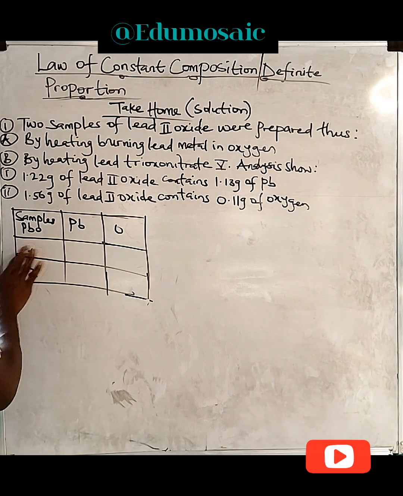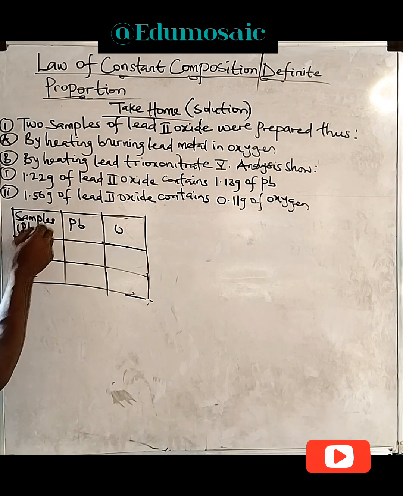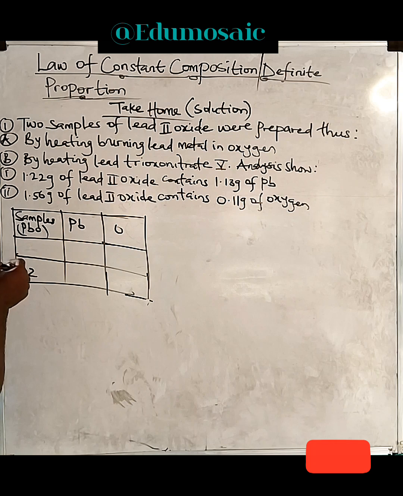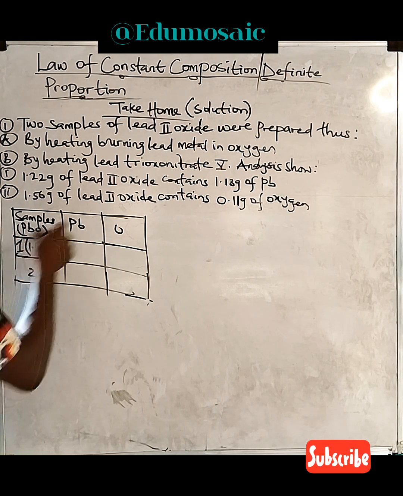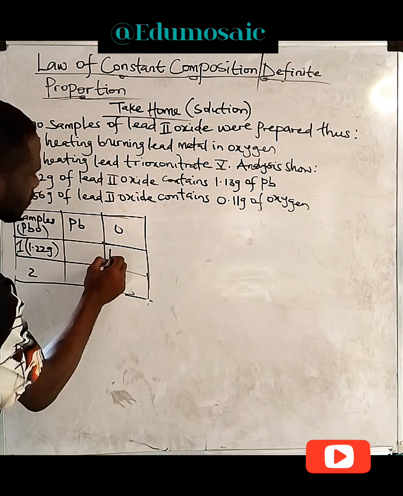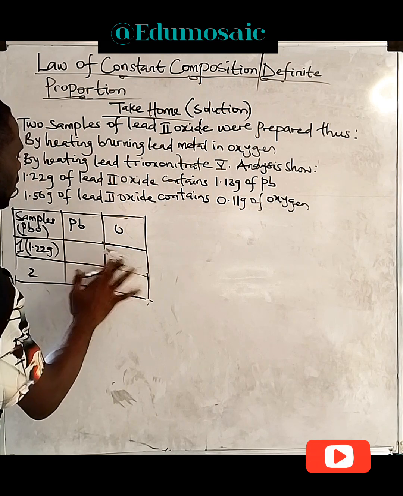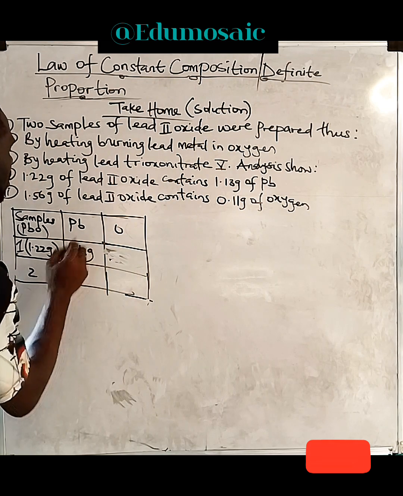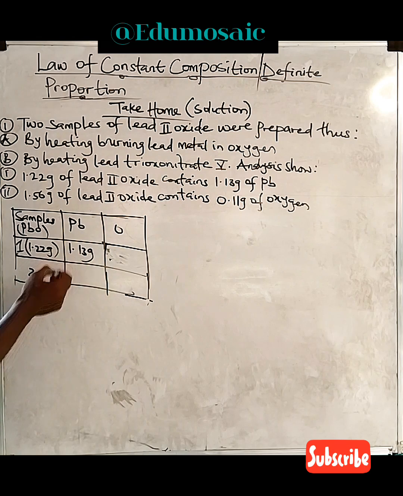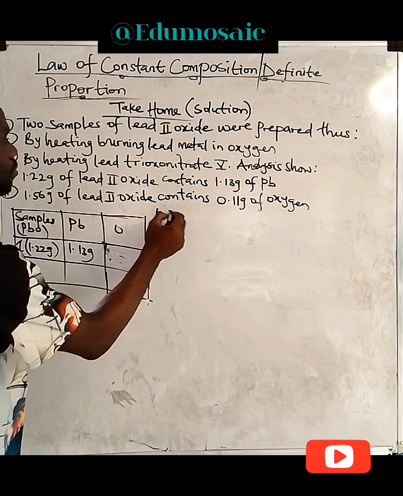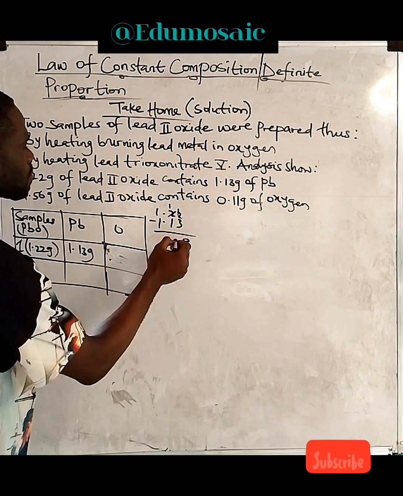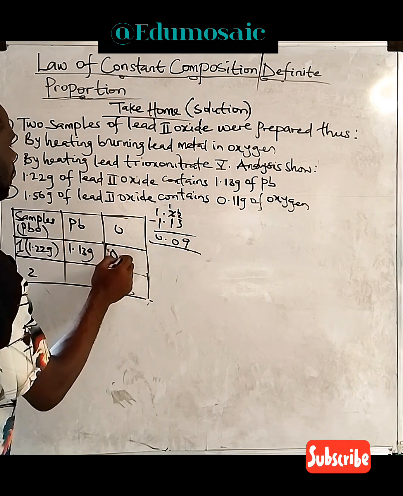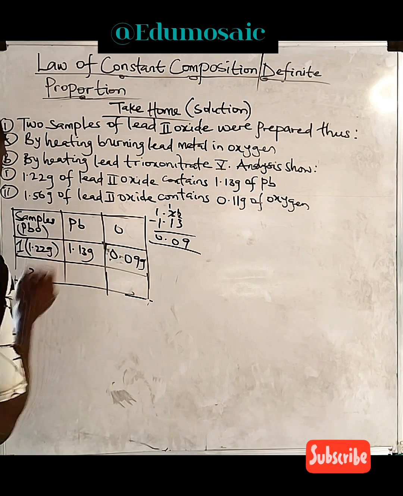So the first we have is PbO. In the first sample we have 1.22 gram of PbO containing 1.13 gram of lead. If you have 1.13 gram of lead here, how much oxygen do we have? That's 1.22 minus 1.13, simple mathematics, so we have 0.09 gram of oxygen.